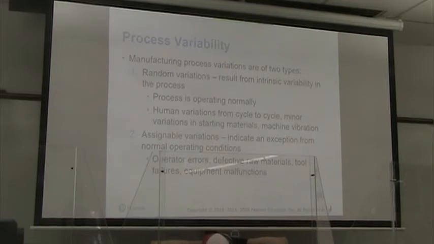So the process is operating normally, but we have human variation from cycle to cycle, minor variations in starting materials, machine vibration, etc. Second, we have assignable variations.